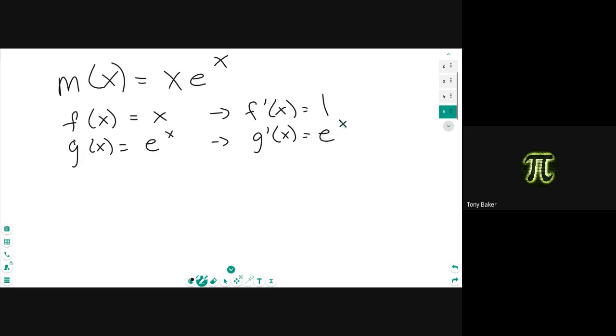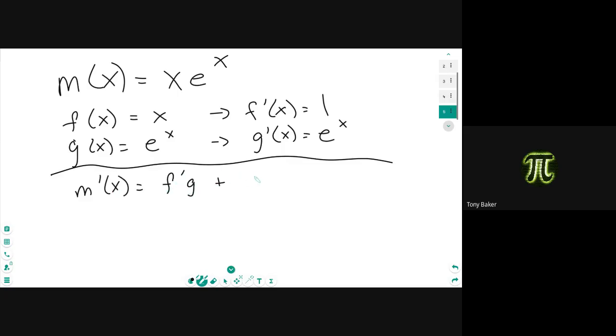E to the x. So remember we have, m prime of x is f prime times g, and then f times g prime. So f prime is 1 times g. F is x times g prime.